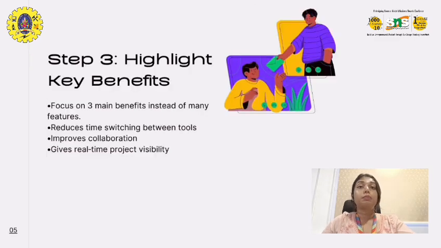Now, this is where many people make a common mistake. They start listing too many features, but audiences care more about benefits than features. Instead of saying our platform has an AI dashboard, cloud integration, analytics, and automation, say our platform reduces time wasted between roles, improves collaboration, and gives teams real-time project visibility.